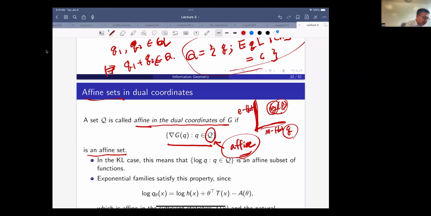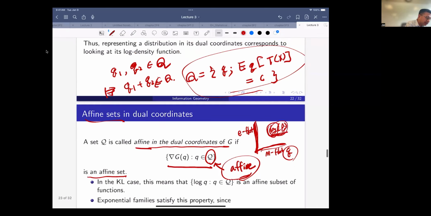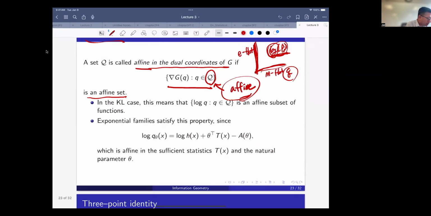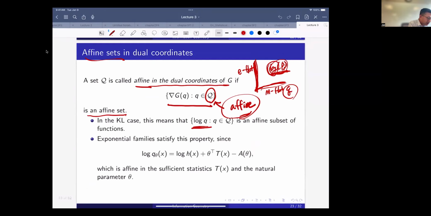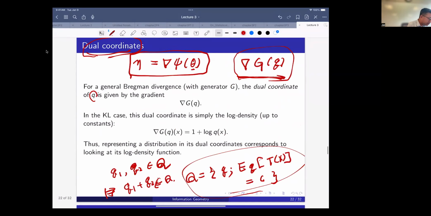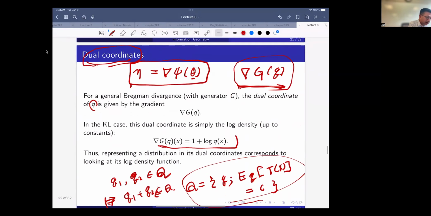This log transformation comes from the Kullback-Leibler case, where the dual coordinate is simply the log density, and that's why E flat is considered.